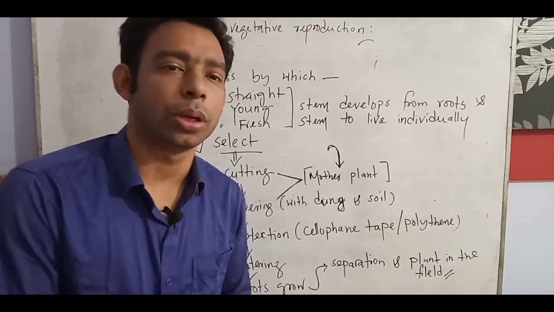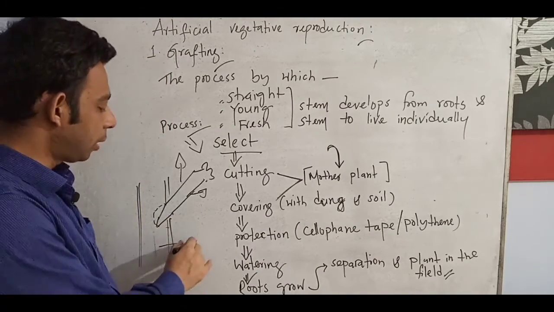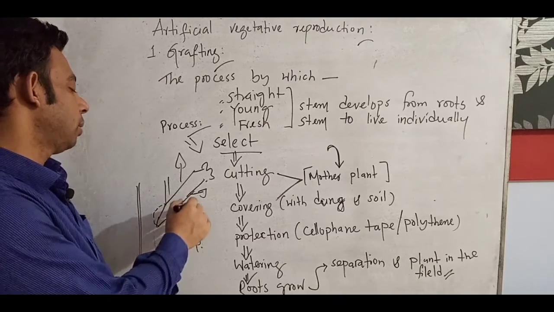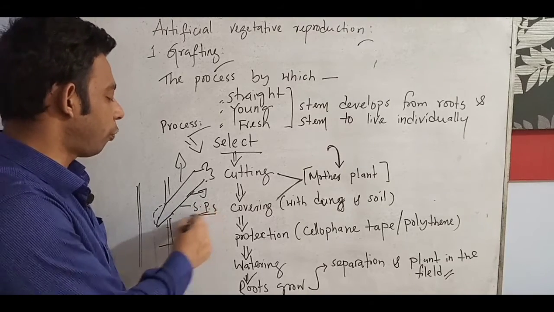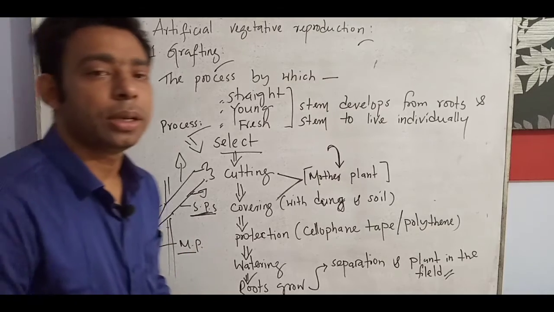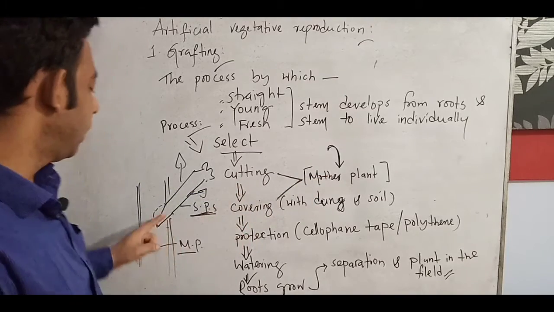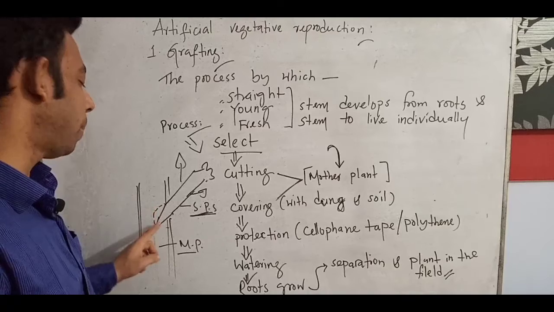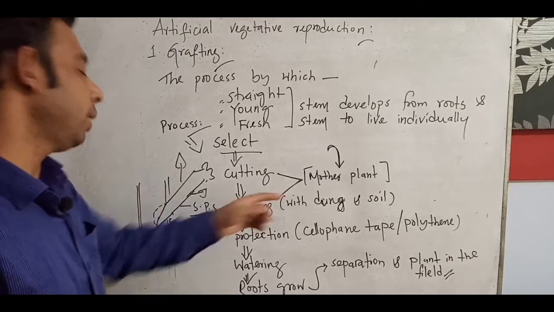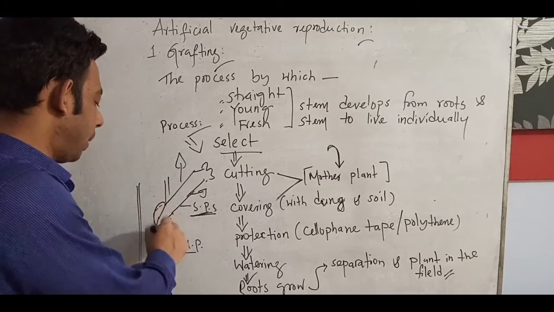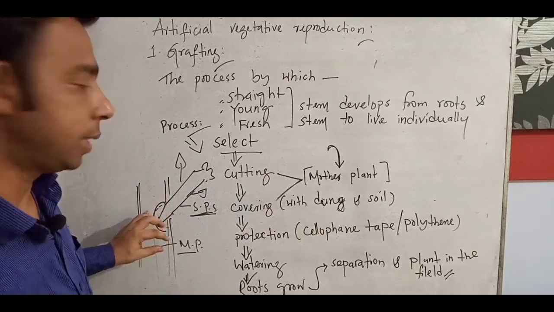Suppose this is the mother plant and this is the selected plant stem. Then make a hole in the mother plant, cut the stem, put it inside the hole, and cover that place with cow dung and soil.